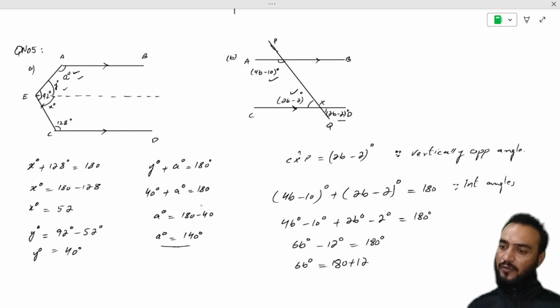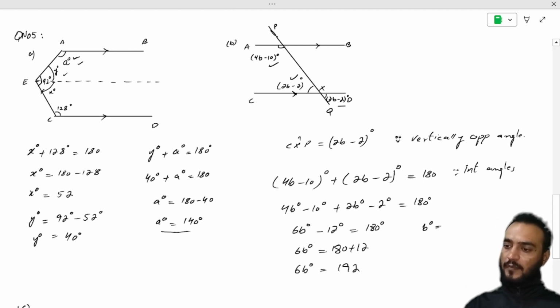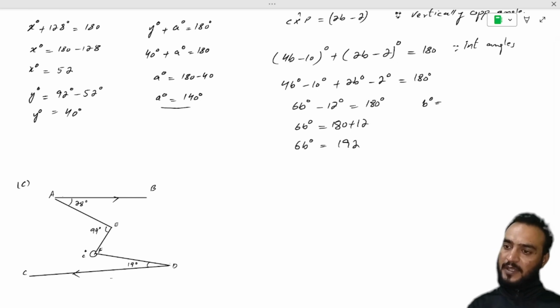So the answer becomes 6b degree equals 180 plus 12. If we add 12 to 180, the answer becomes 192. Now let us divide 192 by 6. So b degree is equal to 192 divided by 6, and the value of b degree is 32 degree.